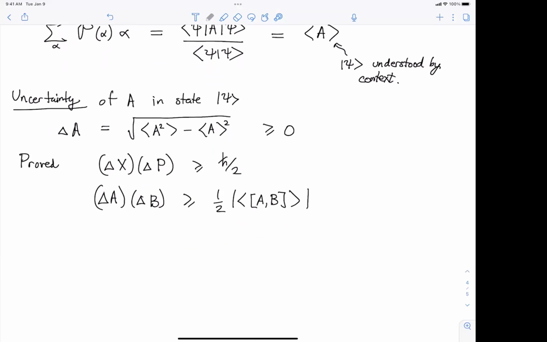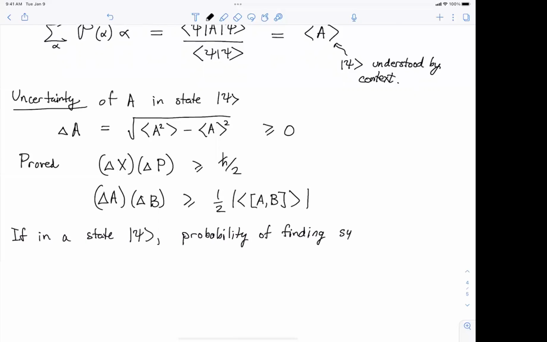Another thing you can ask is, if you're in a state psi, what's the probability of finding yourself in another, different state? Which is, unlike in classical mechanics, not always just 1 or 0. So let me call the other state phi. First of all, if I'm asking what's the probability, I need an observable to go with that. And the observable is this operator.